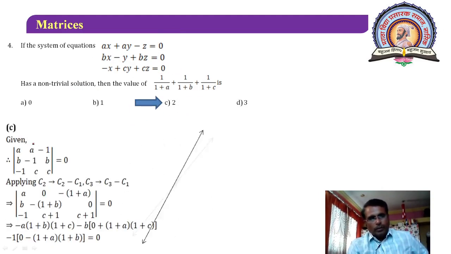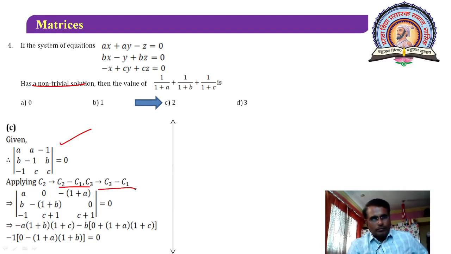Here you have been given that it has a non-trivial solution, therefore the determinant of coefficients is equal to 0. Apply some transformation, C2 as C2 minus C1, C3 as C3 minus C1. So column operations are done, and with these column operations it is equal to 0.